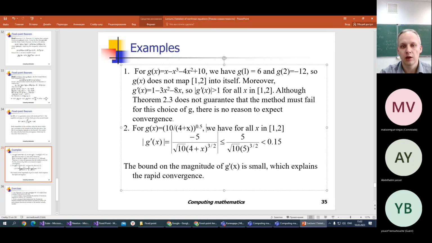For this function, we have for all x in the interval [1, 2] that the modulus of g prime of x, equal to minus 5 over the square root of 10 times (4 plus x) to the power 3 over 2, is smaller than 5 over the square root of 10 times 5 to the power 3 over 2, that is smaller than 0.15.